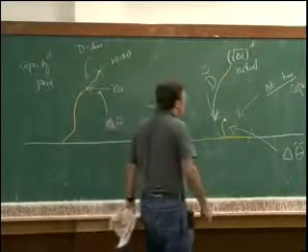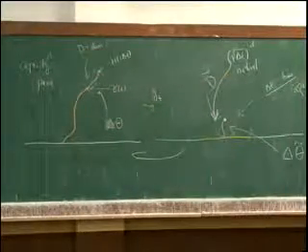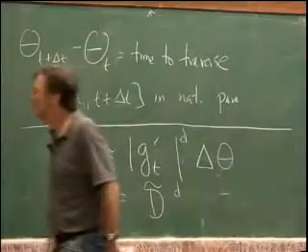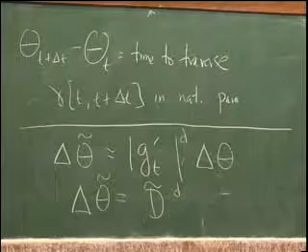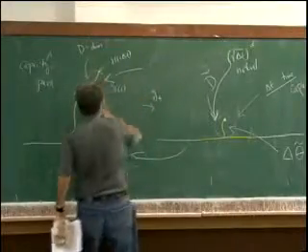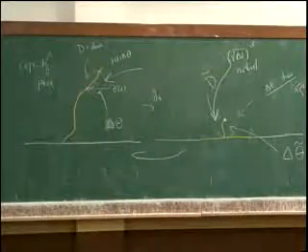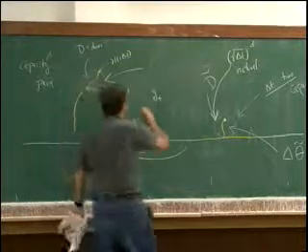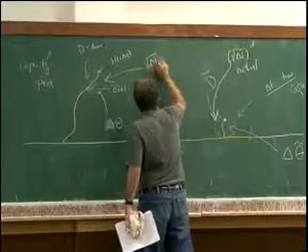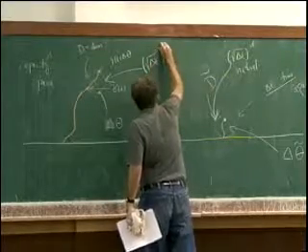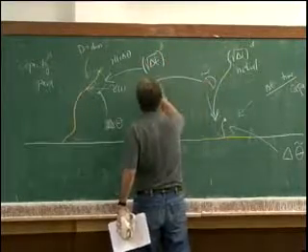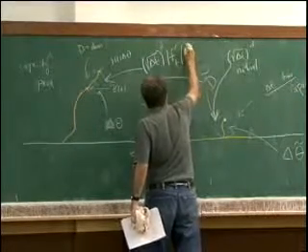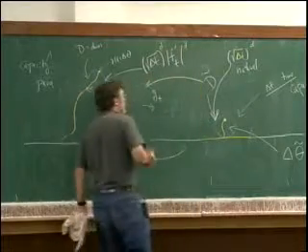And my claim here is that this should be square root delta t to the d times the derivative in this direction. That should scale.